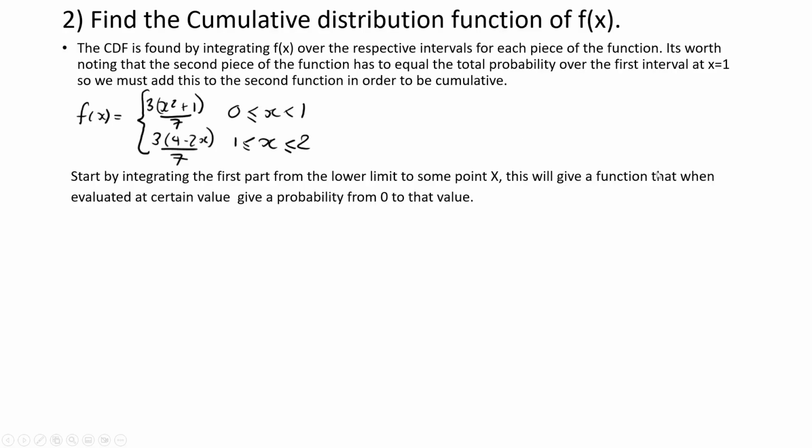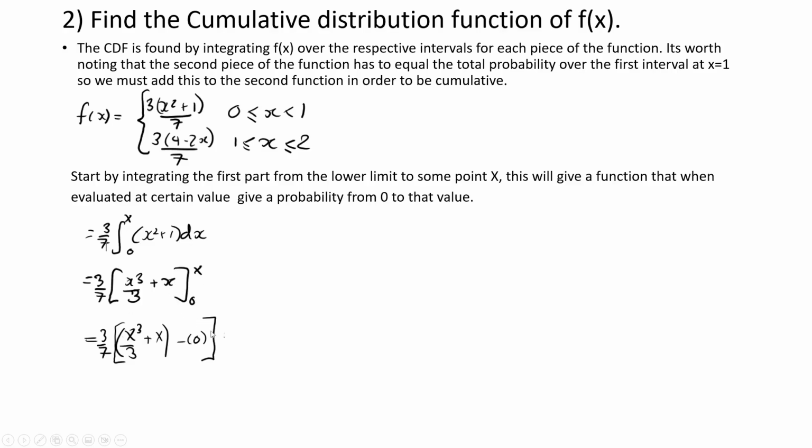So this will give a function that when evaluated at a certain value will give us a probability from 0 to that particular value. So here we go then, from 0 to capital X, I evaluate the integral, and it gives me (x cubed plus 3x) over 7.